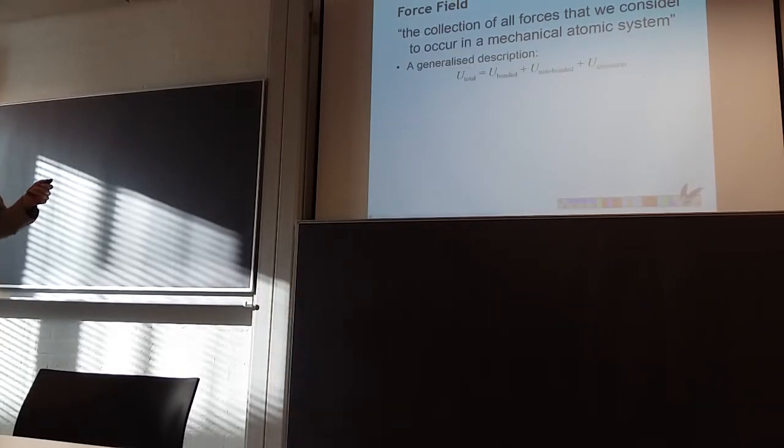I'll try to give a bit of a structure of what kind of forces there are. There was a remark about the use of symbols, or the consistency or inconsistency thereof.